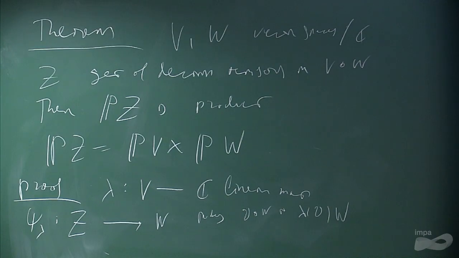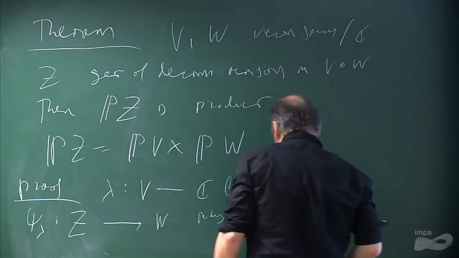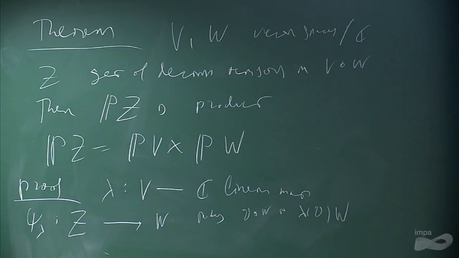This map is compatible with the C star action, so it is C star invariant: if you multiply a vector by a number, its image is multiplied by the same number.